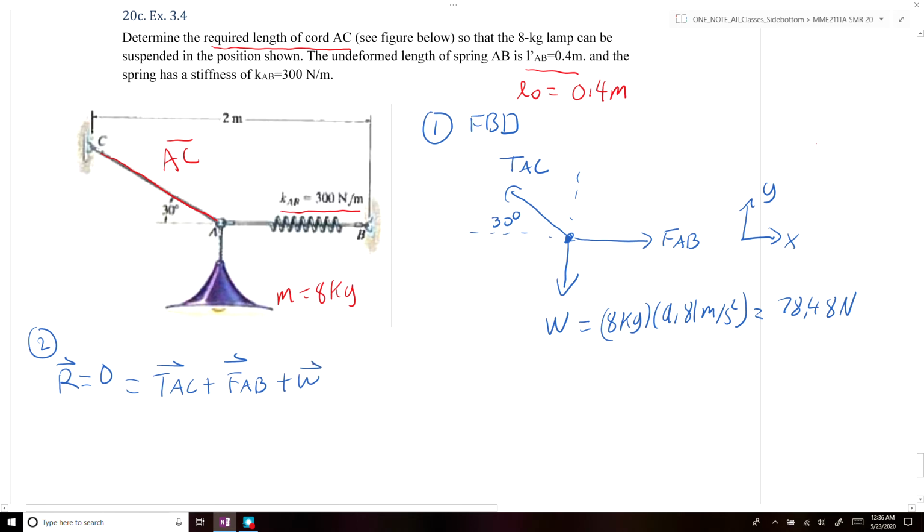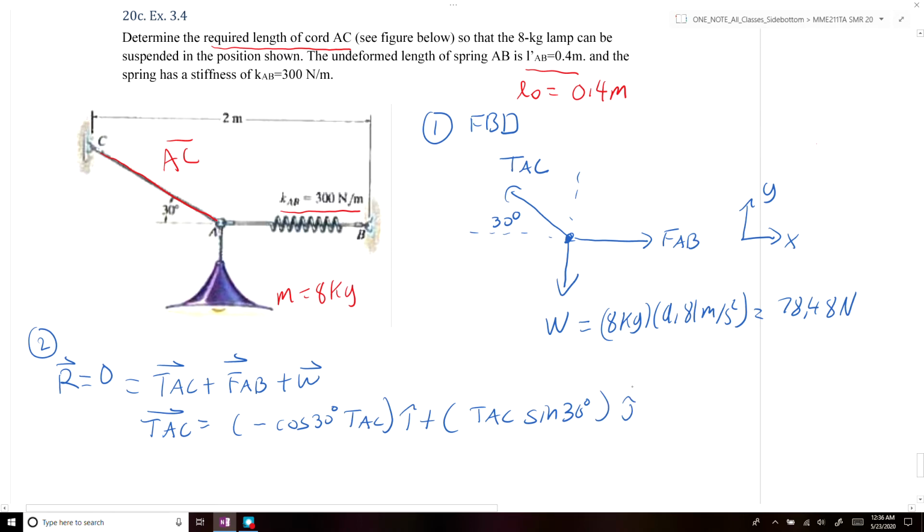All right, so we're going to define TAC, FAB, and W as Cartesian vectors. So we'll start with TAC. TAC is going to have an x component of negative cosine of 30 degrees times TAC times the unit vector i, plus the y component, which is going to be equal to TAC times the sine of 30 degrees times j.